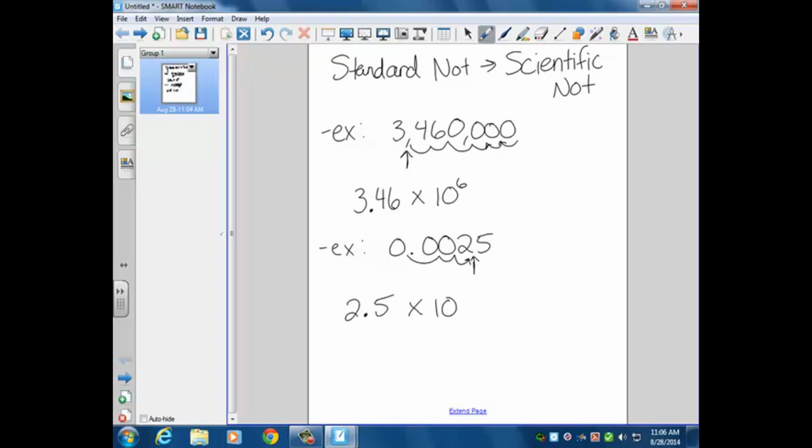So since I moved to the right, that means my k was going down, so down to -3, because I moved it 3 to the right. Also, it's a really small number, so it's going to be a negative k.